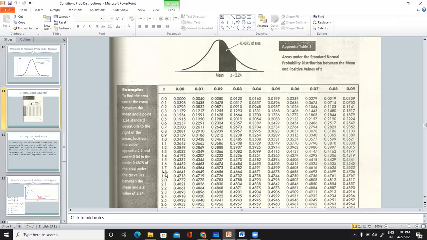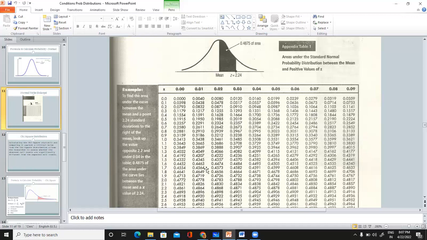Suppose we are trying to study the probability of finding that value of the variable, and the z value of that variable comes to 1.75. So we will see 1.7 in the first column, and for the 5 in the second decimal place, we will see the row under the 0.05 column.